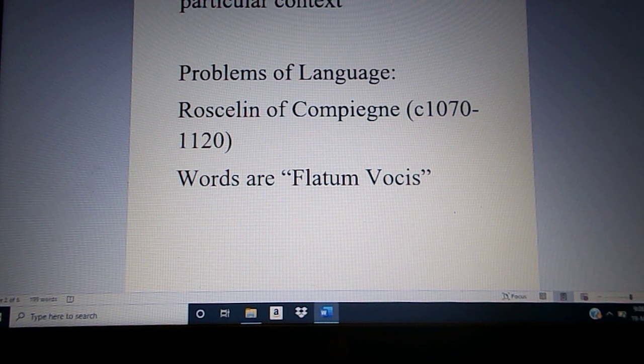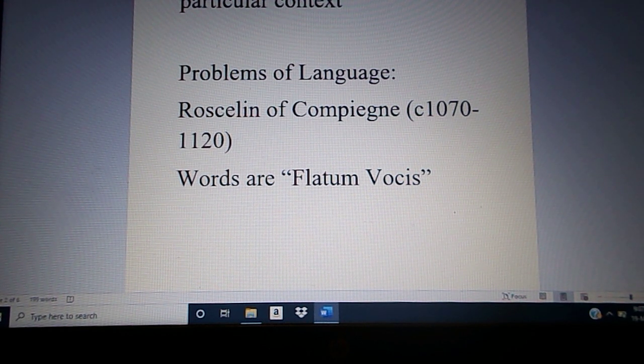But when Roscelin came along, he said, this is not a table because it's trying to participate in some Platonic form somewhere else. It's not a table because there's something dwelling within it. It's a table because we speak English. That's the only reason. Long ago, we decided that things that were elevated off the ground and had a flat surface to them that we could sit things on, we're going to call those things tables.